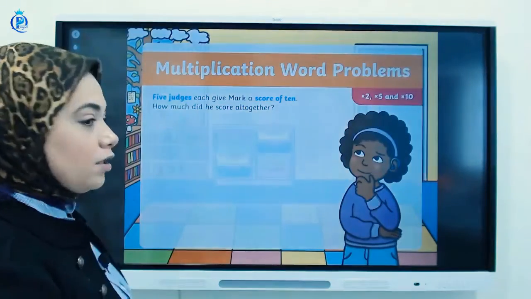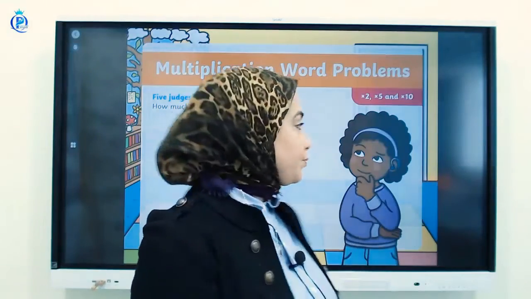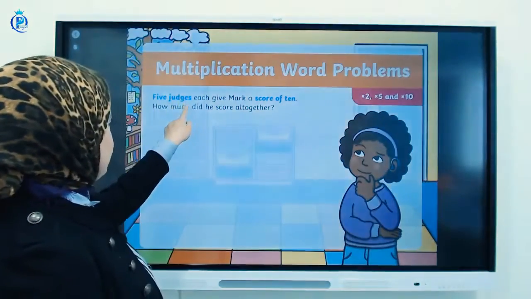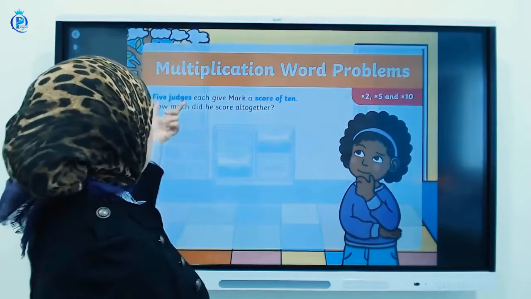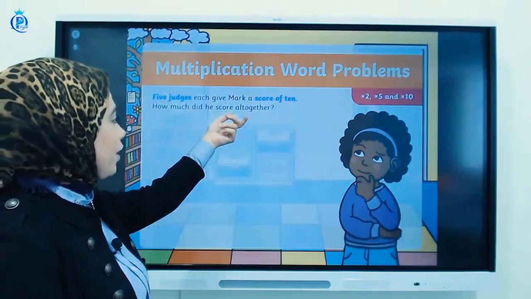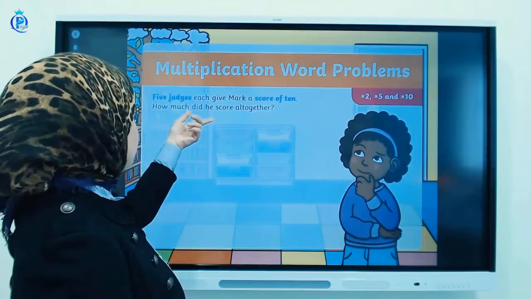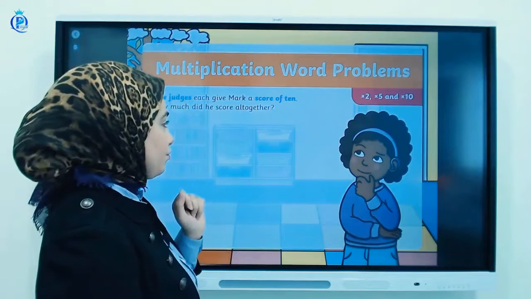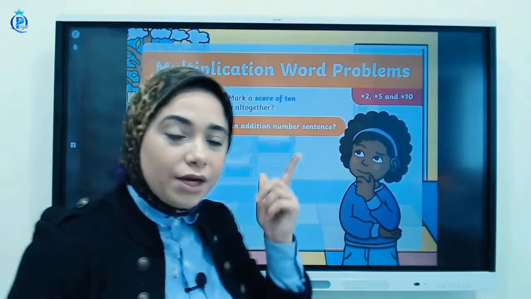Look here. Let's think about this. This is a new one. 5 judges each give Mark a score of 10. How much did he score altogether? How can I think about this?